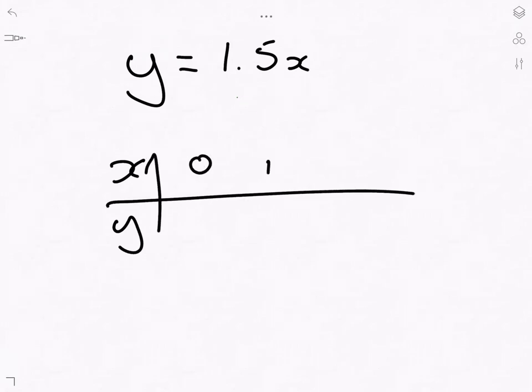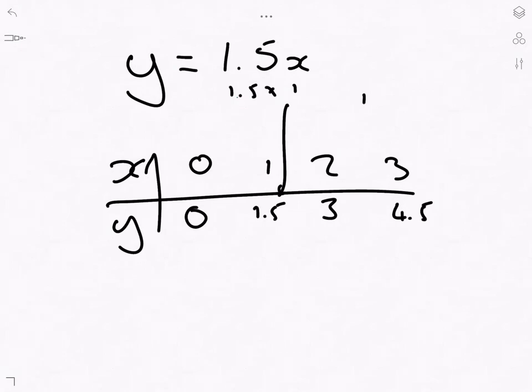If x is 0, 1, 2, 3, then you get y is 0, 1.5, 3, 4.5, just by putting them in here. So 1.5 times 1 gives us this, 1.5 times 2, and so on. Hopefully that makes sense. So then you're going to plot them, and sometimes you'll have a bit added on here, add 2.5, you just put it in here.